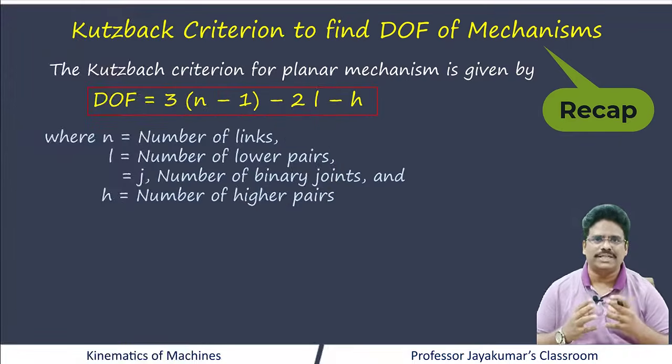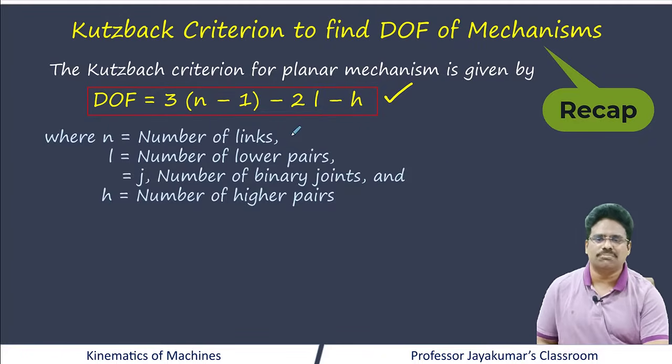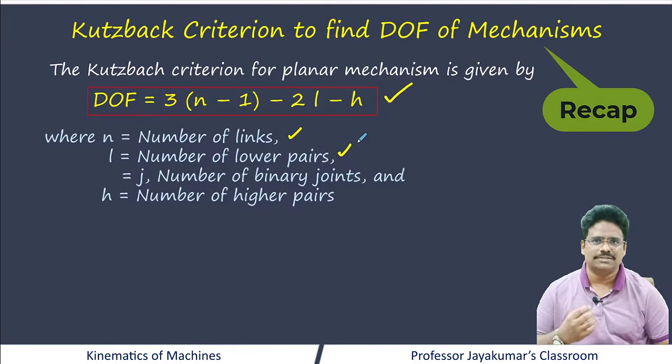In order to determine degrees of freedom of planar mechanisms, we are going to use Kutzback criterion. That says that degrees of freedom is equal to 3 into (n minus 1) minus 2 L minus H, where n is number of links of that given mechanism, L is equal to number of lower pairs.